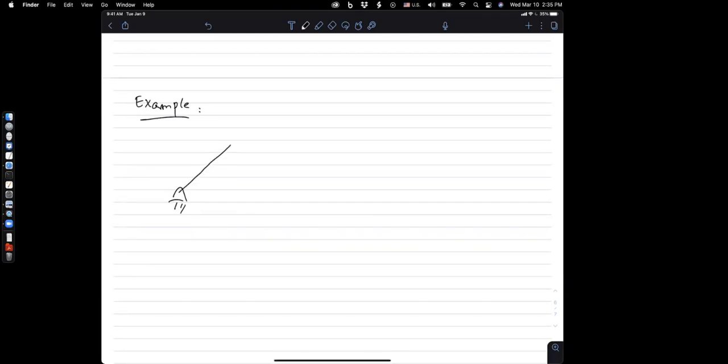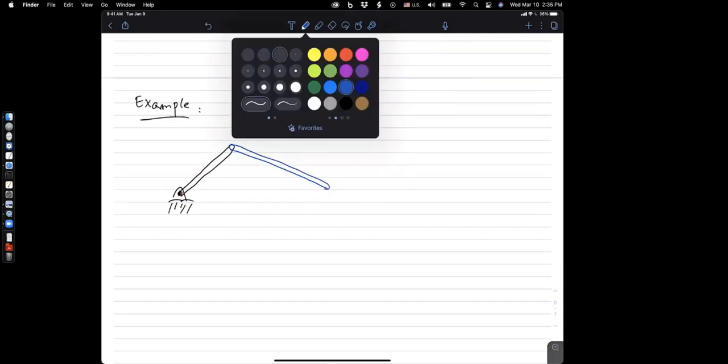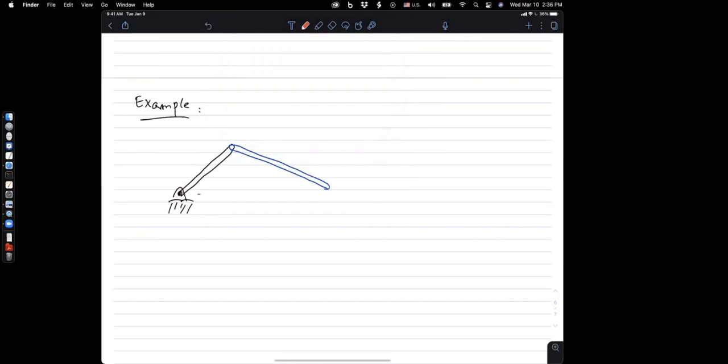So let me just draw this bar. That's like a rigid body. It's pivoted about this point. It's rotating about that point. And then let me draw the other rigid body in a different color. Something like that.